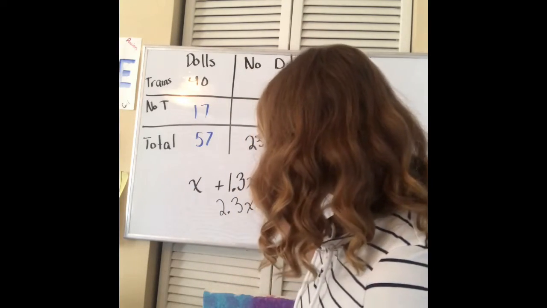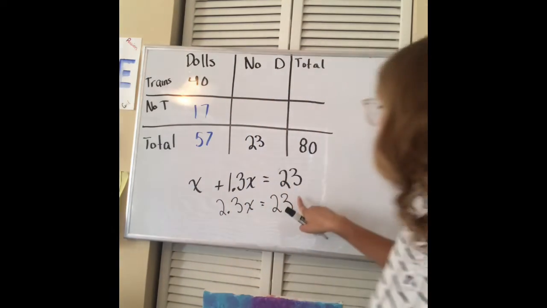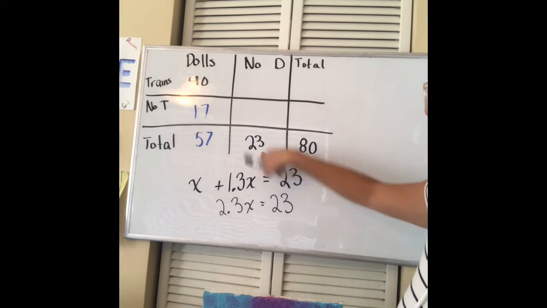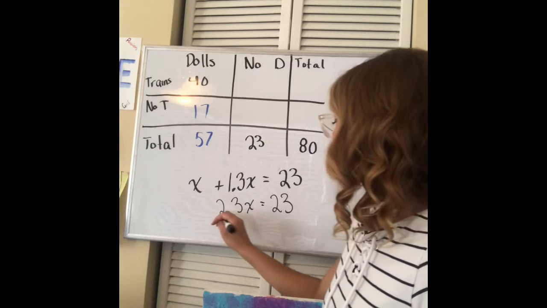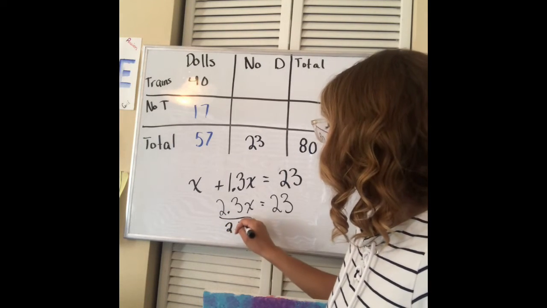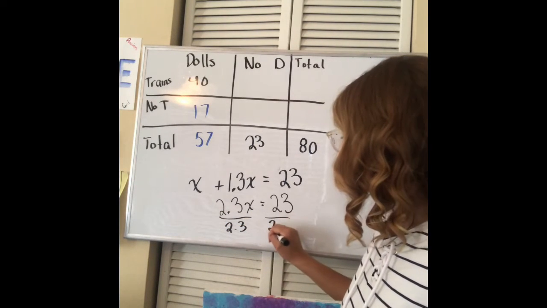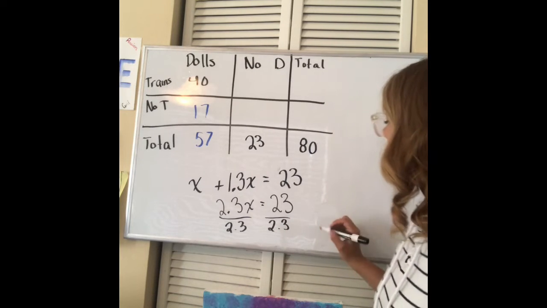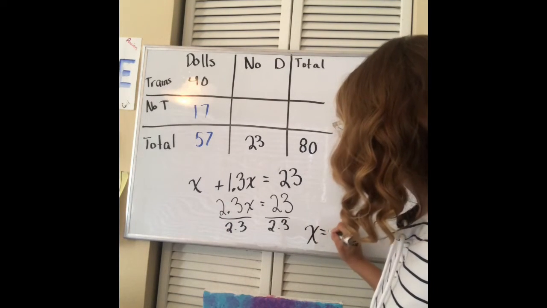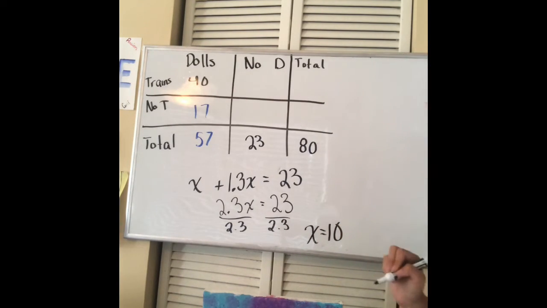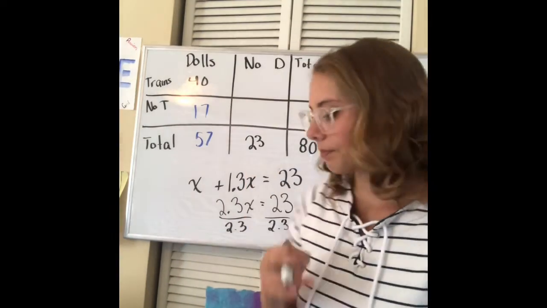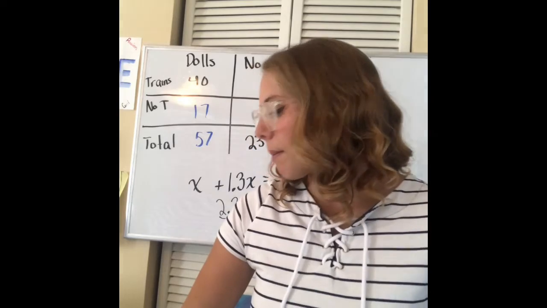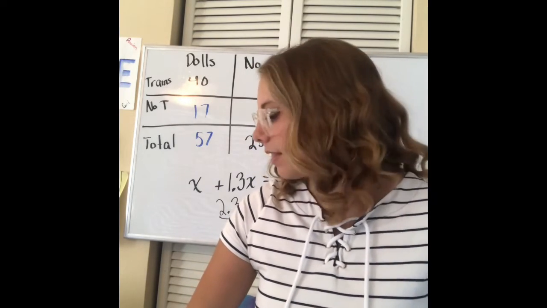This ends up being 2.3x equals 23. Remember, we're using 23 because 23 kids don't like dolls. And now we're going to divide both sides by 2.3 in order to get x by itself. And we end up with x equals 10. So now we have trains and don't like trains. 30% more kids like trains.